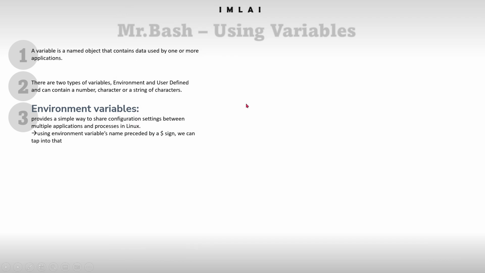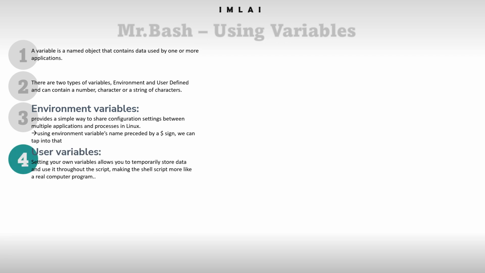Okay, so now let's move into the second type of variables, that is user variables. In addition to the environment variables, a shell script allows you to set and use your own variables within the script.